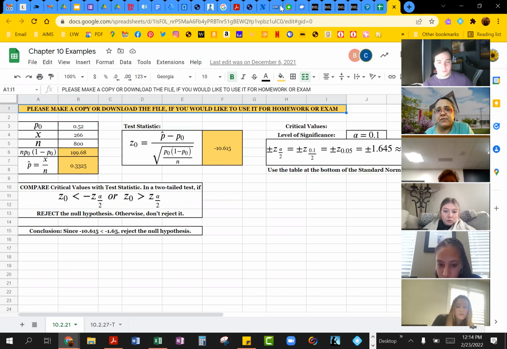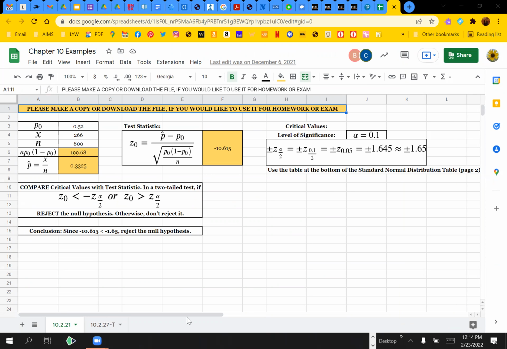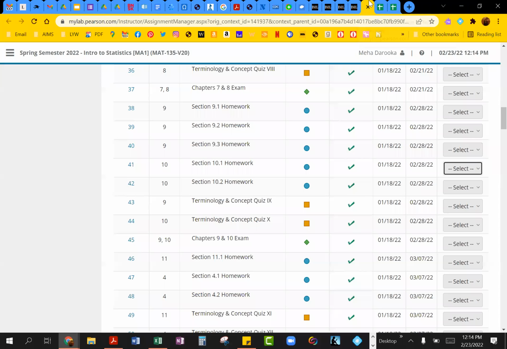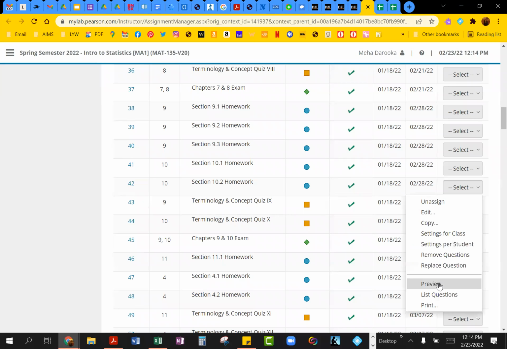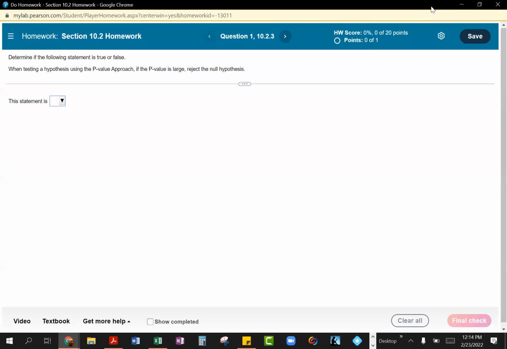But if you have to leave, if you have another commitment you need to go to, you are definitely welcome to leave. I know we're right at the end of the class time, so I don't want to keep you here any longer. But if you can't stay, I would still like to show you an example from 10.2, just to give you an idea of how to work through some of these examples.